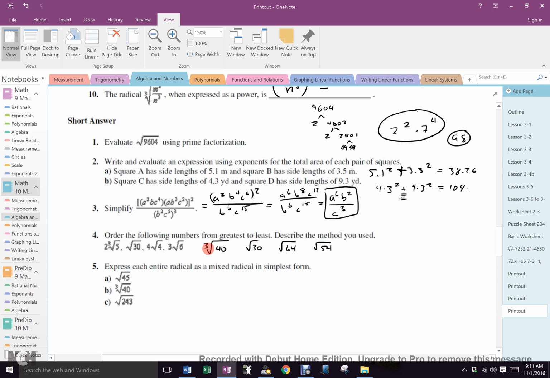Cube root of 40 is, yeah, he's definitely 3 something, right? So square root of 30 is going to be 5 something, 8 something, and 5.5. No, what am I saying? 7.5. So you know this guy's the littlest, right? So you just put him in order.